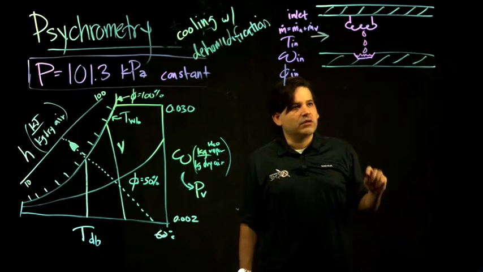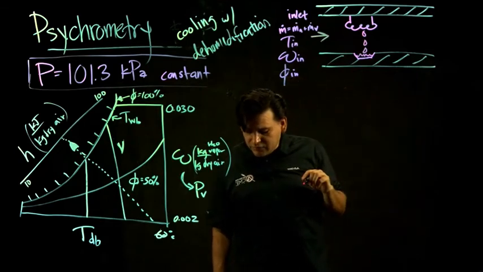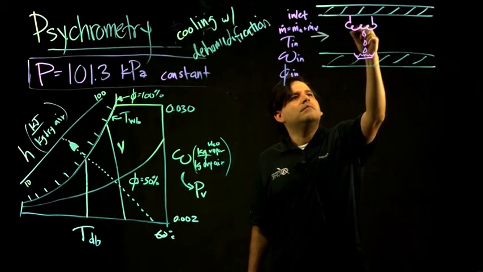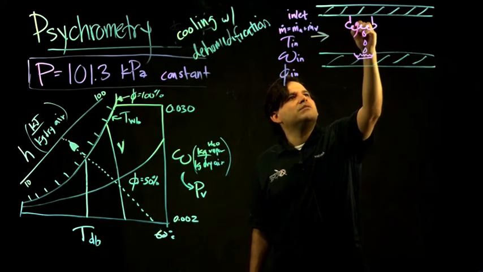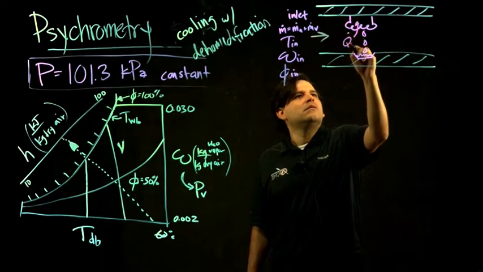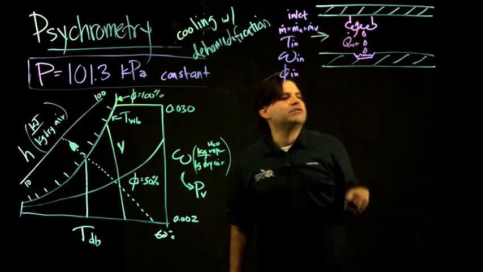And the water condenses out of the mixture stream. That's what happens when you cool it enough with some finite amount of heat transfer. So this would be some Q out of the mixture into the cooling coil.